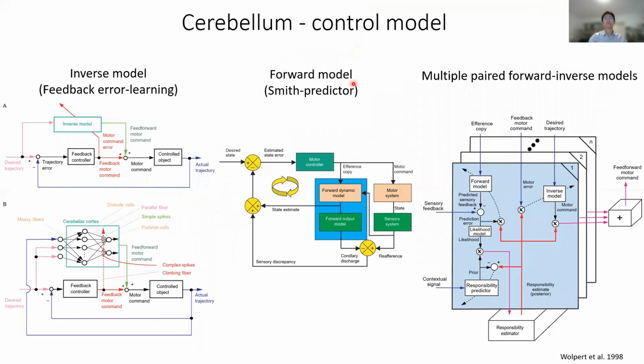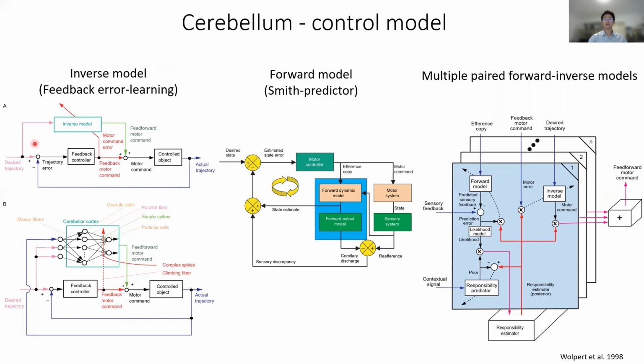So here, from the control engineering perspective, Wolpert has proposed a control scheme which is related with the cerebellum structure. Let's start talking with this so-called inverse model. So what is the inverse model?